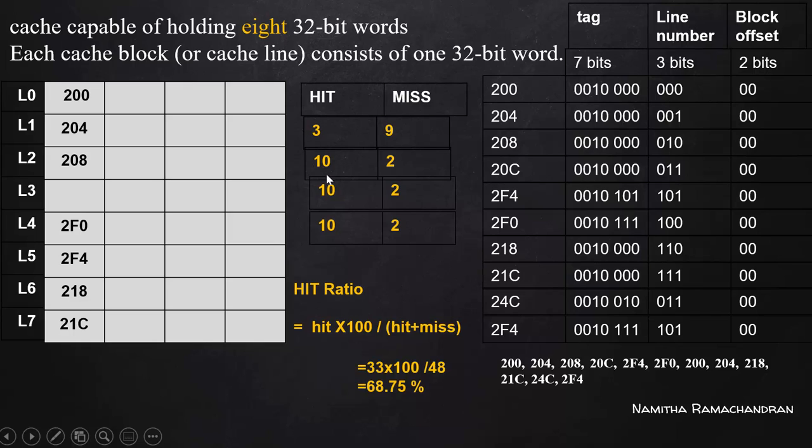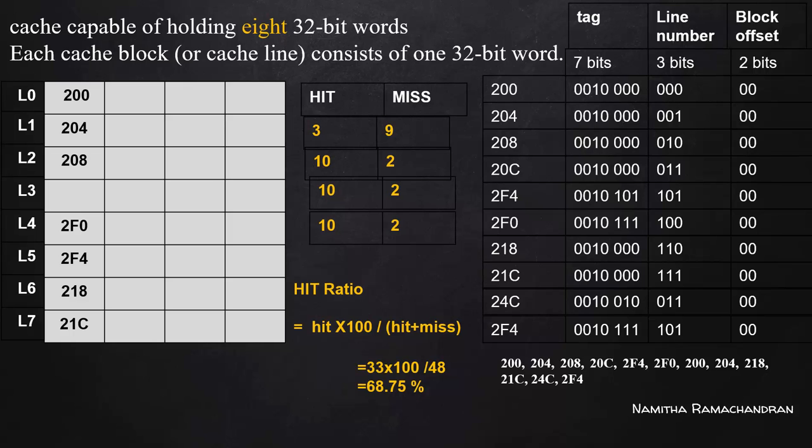Total hits is 3 plus 10 plus 10 plus 10, that is 33, into 100, divided by 33 plus 9 plus 2 plus 2 plus 2, which is 48. So the total hit percentage is 68.75. This is the hit percentage in case of direct cache mapping.